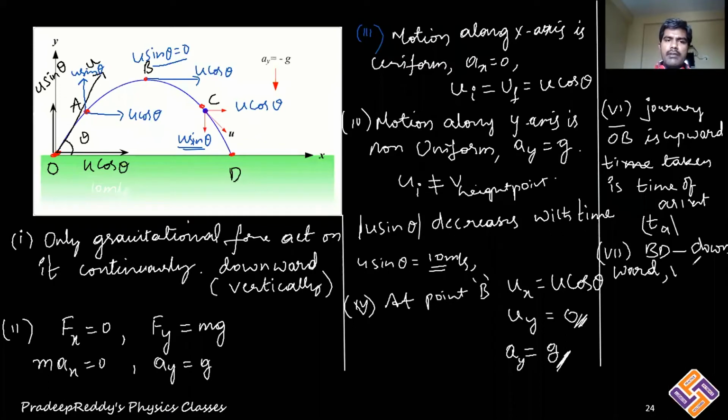The time taken to travel from B to D is called time of descent. So the time taken to travel from O to B is called time of ascent. The time taken to travel from B to D is called time of descent. You need to now find out equations for all these points, all these equations, right?